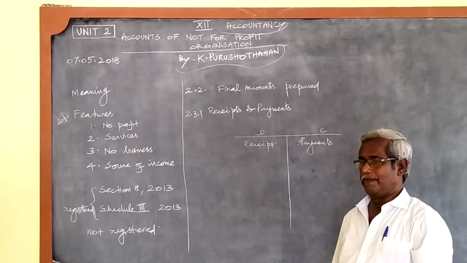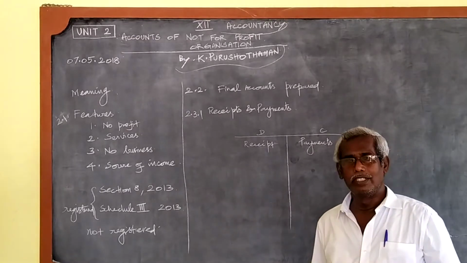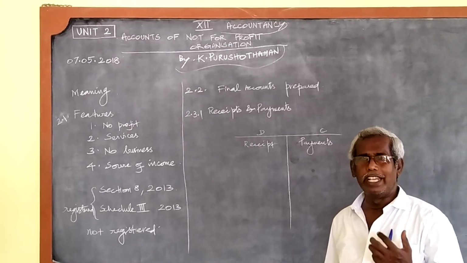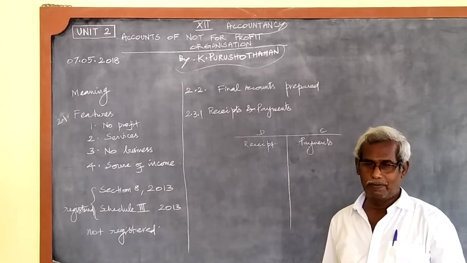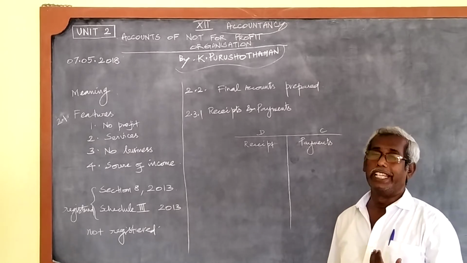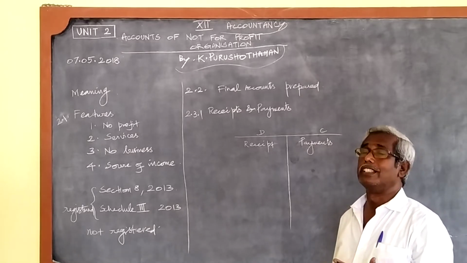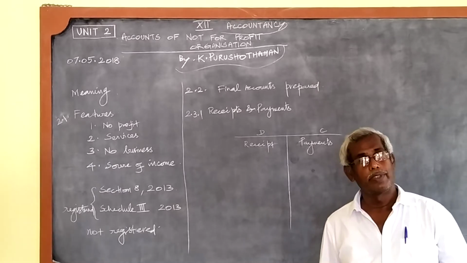That is different. But though it is a service organization, to run the organization, they need some source. So how do they get it? They get the source from donations.